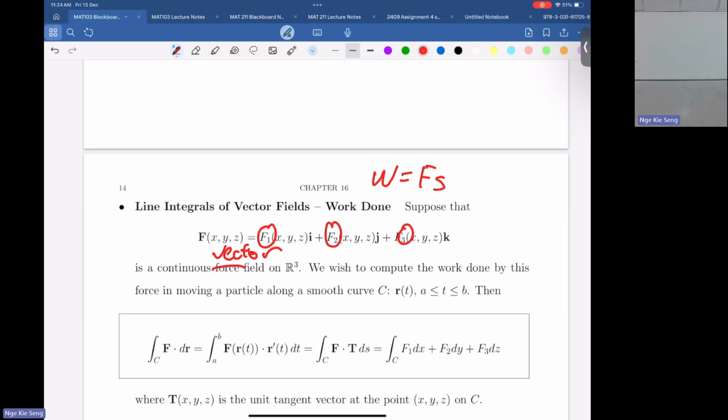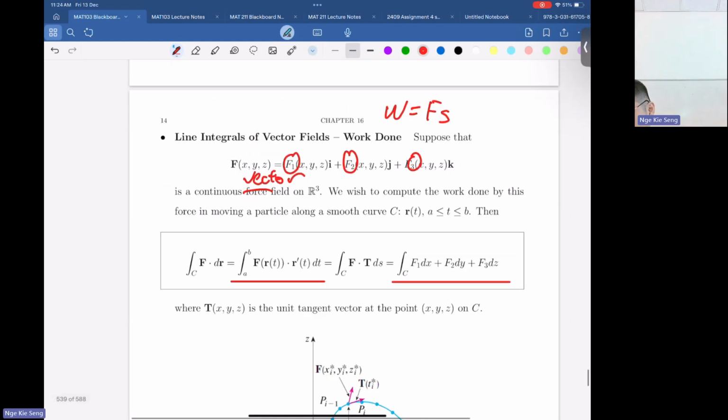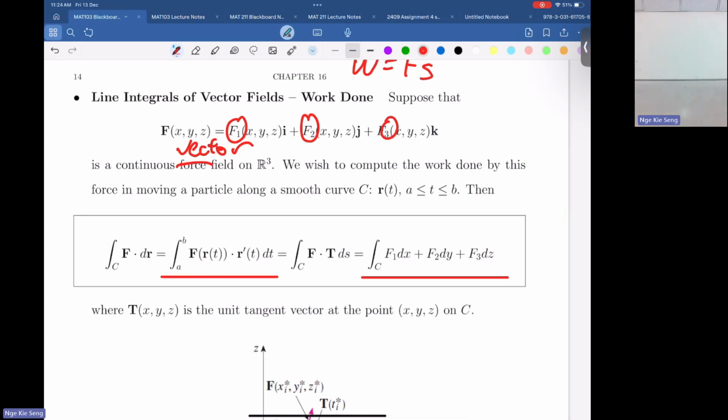We won't derive this. You just remember. What to remember here? Remember this line and this line. Tangent line is important, maybe not important for now. So let's just remember these two lines first.